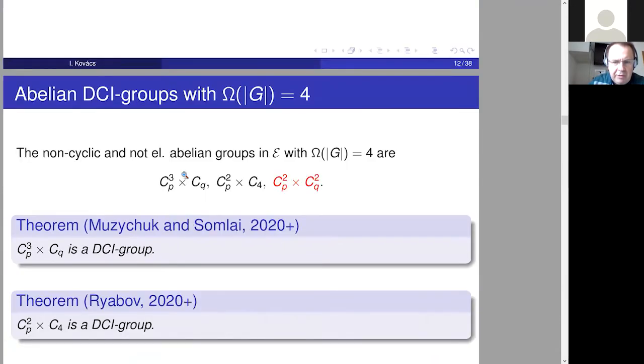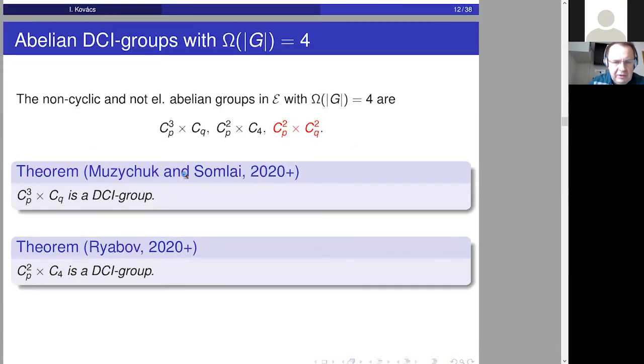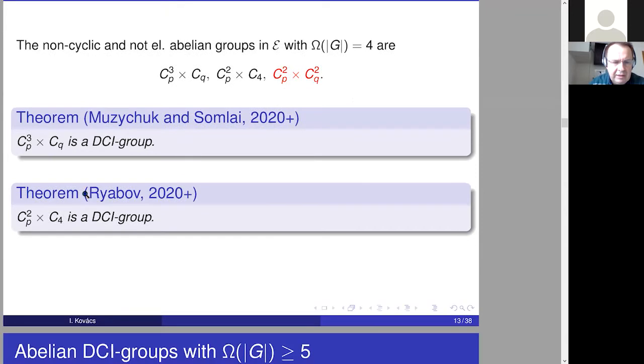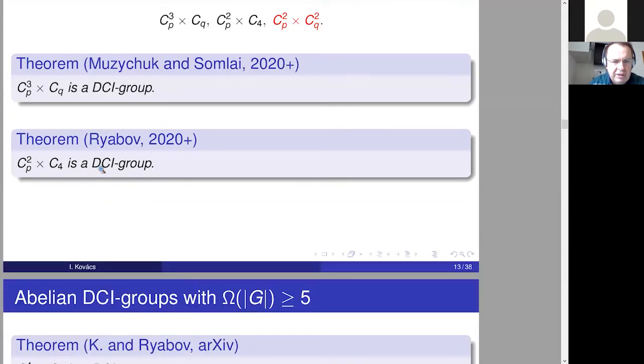With 4 prime divisors, there are 2 recent results. One of them was obtained by Misha Muzychuk and Gabor Somlai, and they proved that that group is a DCI group. And also recently, these are both on the arXiv, Grigory Ryabov proved that this group is a DCI.